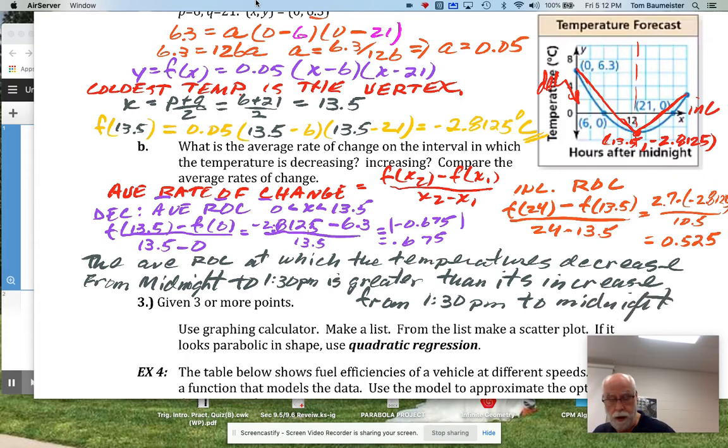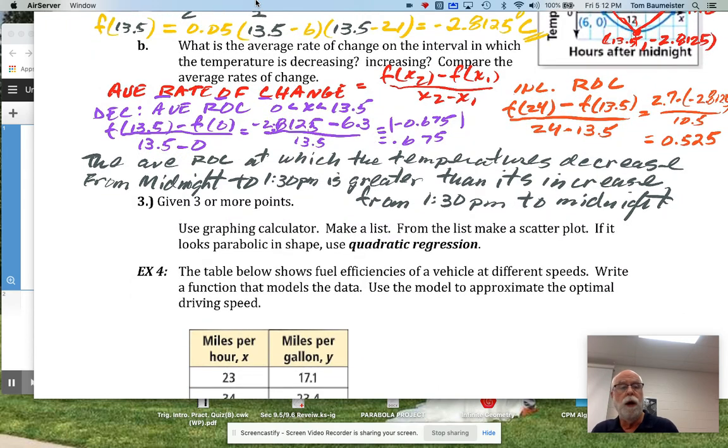All right, people, I made it. I'm almost done. Now, last one, if we're given 3 or more points, what you can do is use your graphing calculator, make a list, and from the list, make a scatter plot. And if it looks parabolic in shape, use quadratic regression.